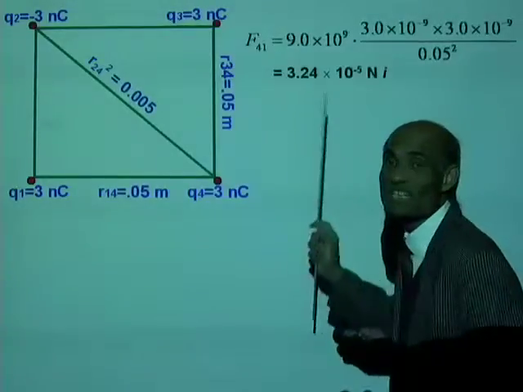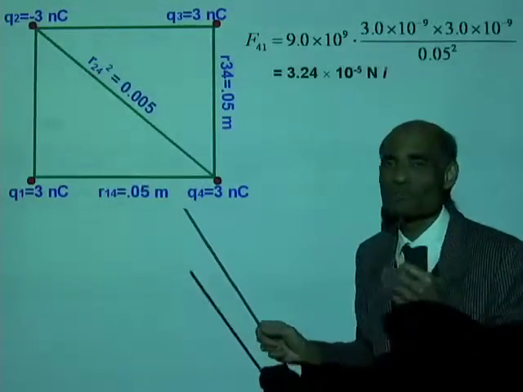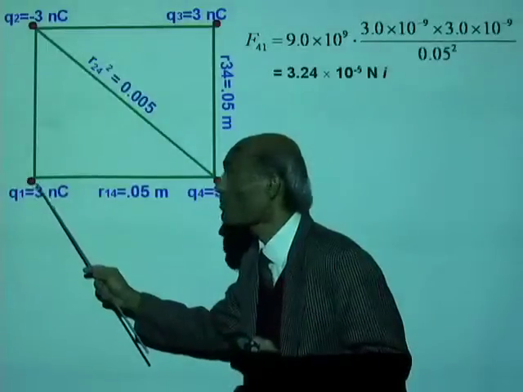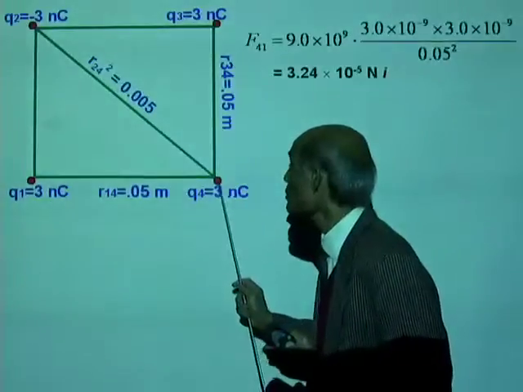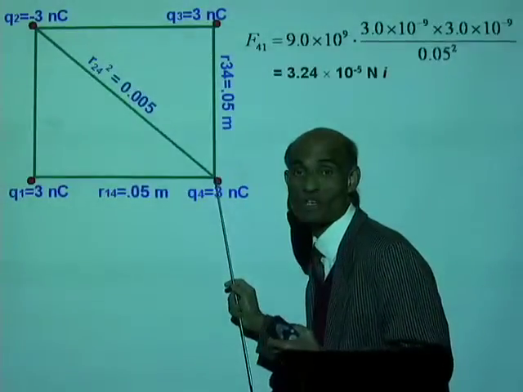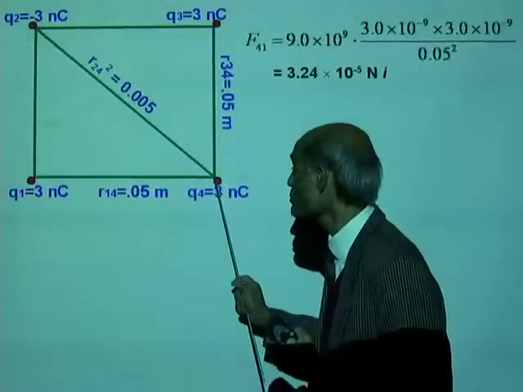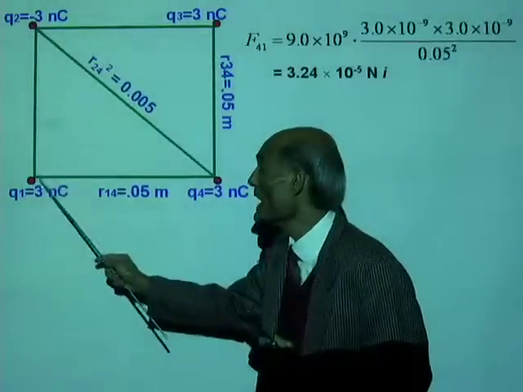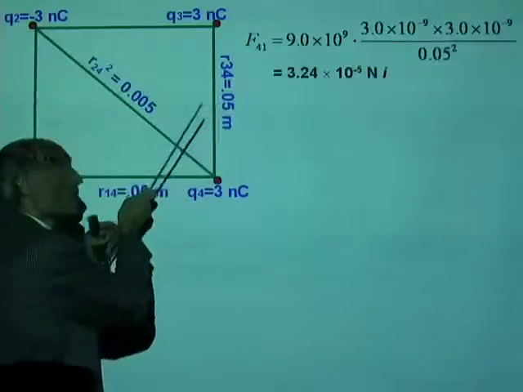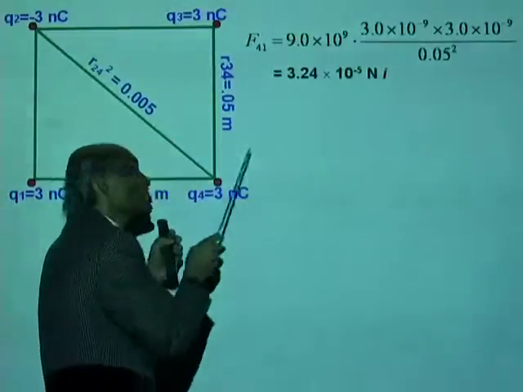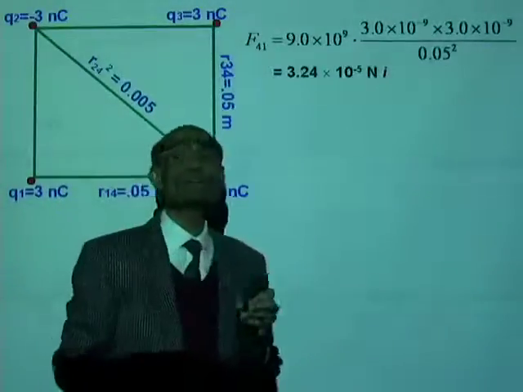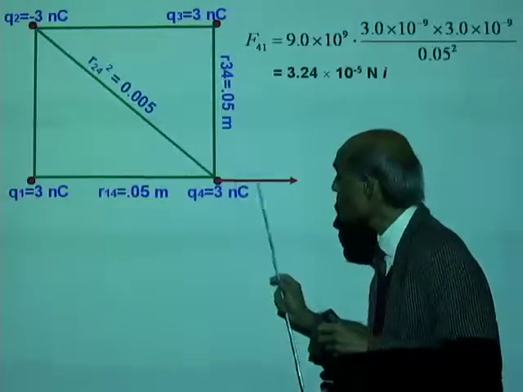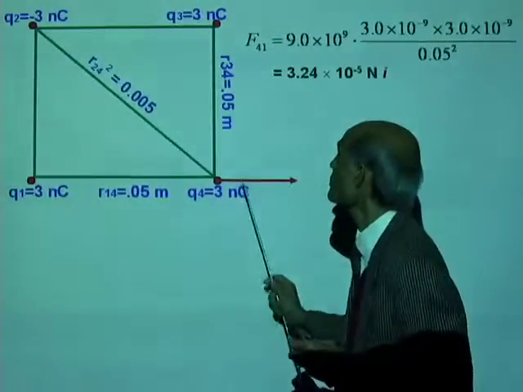How do I know this is a positive X force? Q1 is a positive charge. Q4 is a positive charge. Therefore, the force on Q4 by Q1 will be a repulsive force. It will be directed away from Q1.